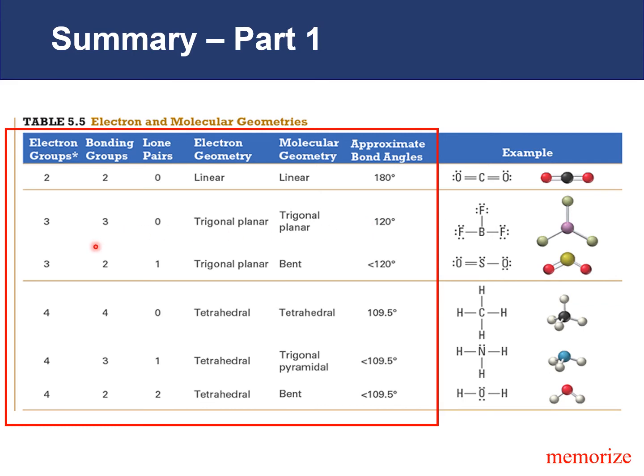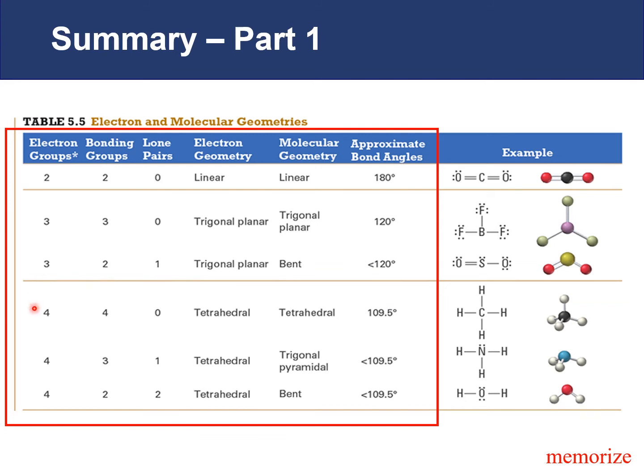If we swap out one of our bonding groups for a lone pair, the electron geometry will still be trigonal planar because that's where the electron groups are. However, when we're considering the molecular geometry, we ignore the lone pair, and so the resulting shape will be a bent shape. The example here is sulfur dioxide, which takes this bent type shape.